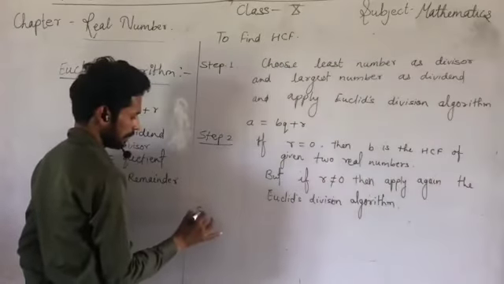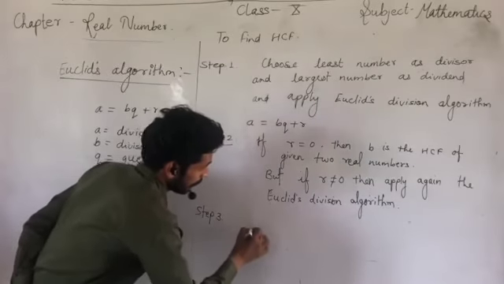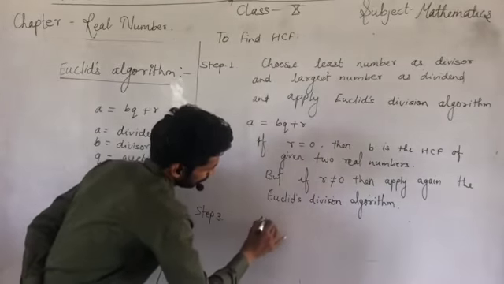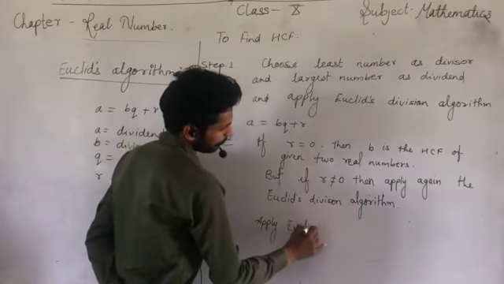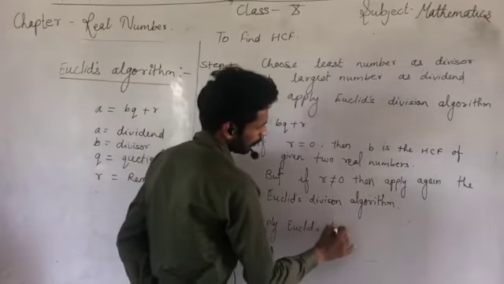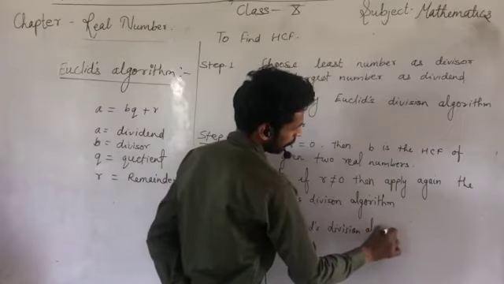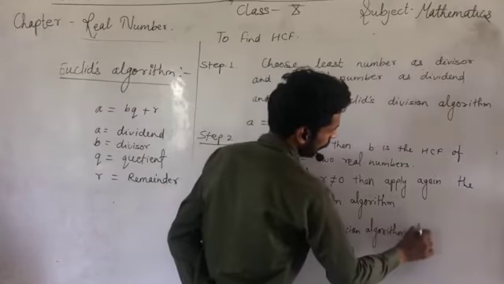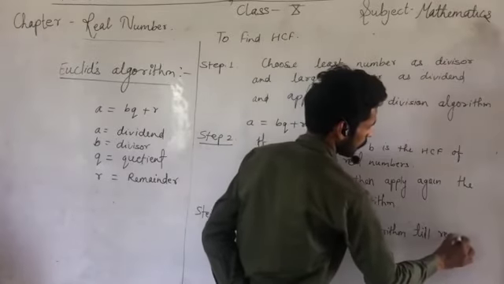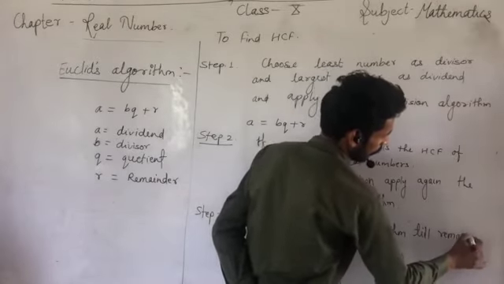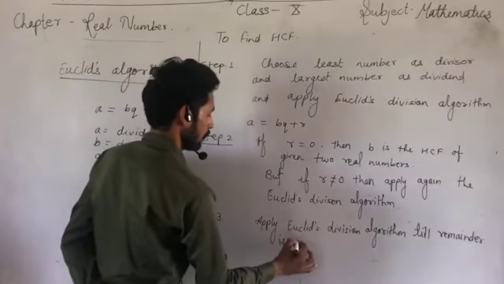Step number 3. Apply Euclid's division algorithm till the remainder is 0.